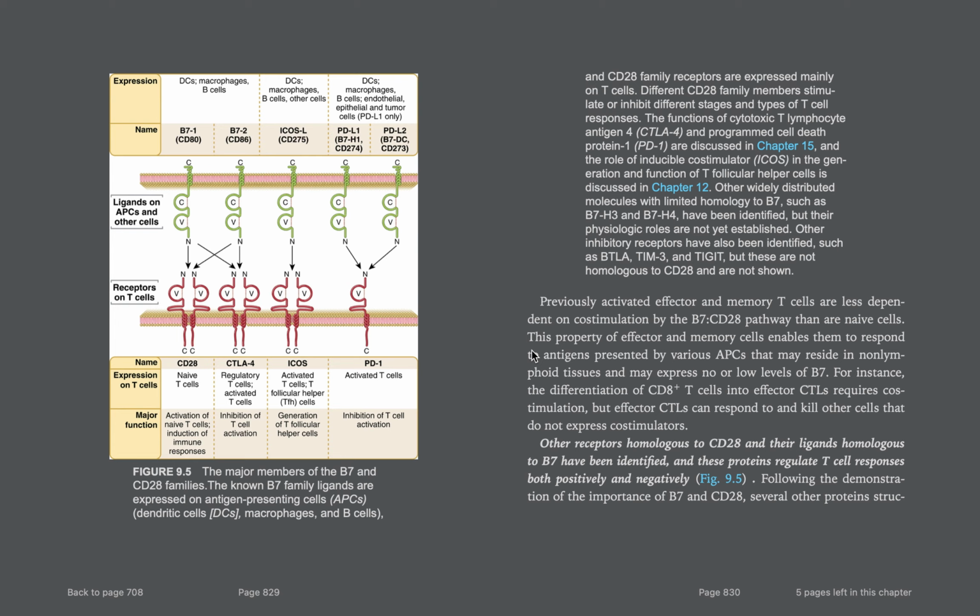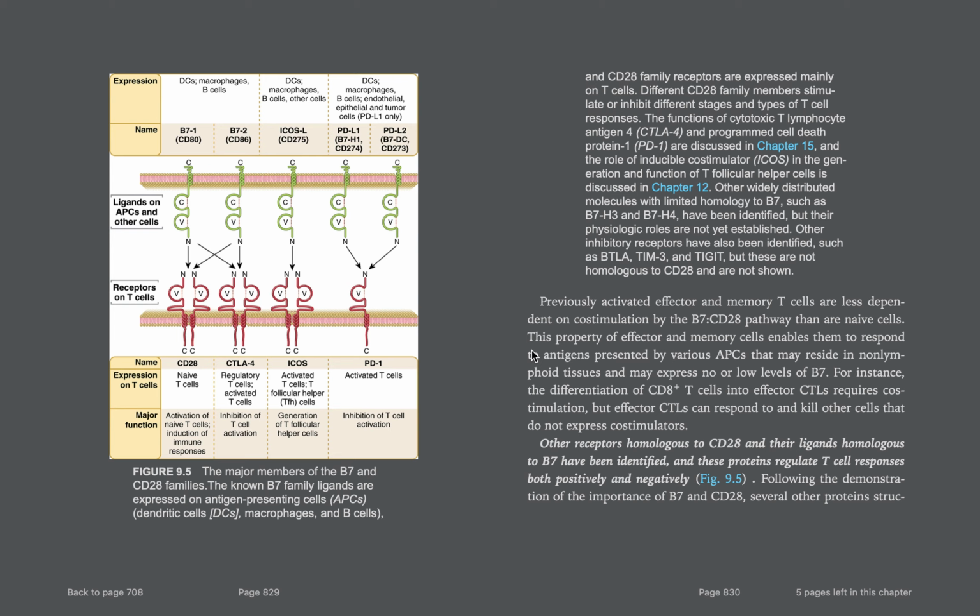Previously activated effector and memory T cells are less dependent on costimulation by the B7-CD28 pathway than are naive cells. This property of effector and memory cells enables them to respond to antigen presented by antigen-presenting cells that may reside in non-lymphoid tissue and may express no or low levels of B7.